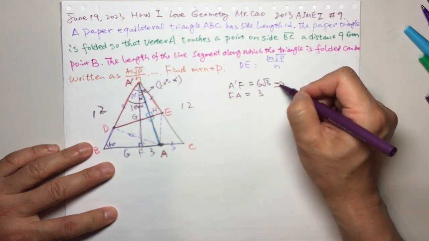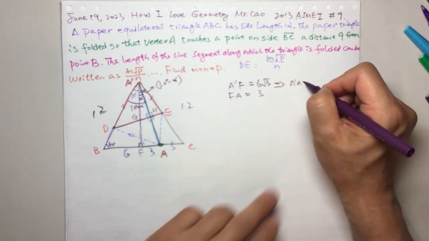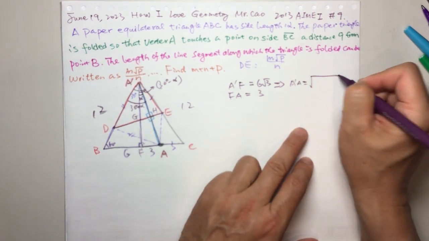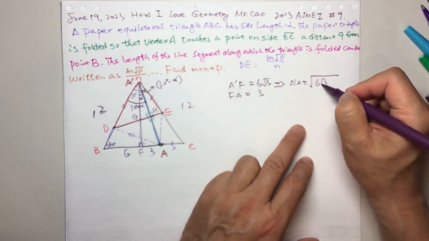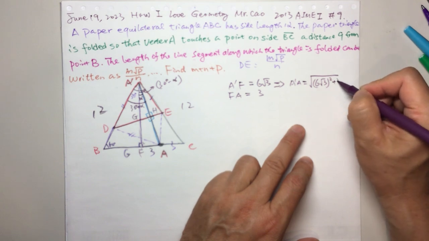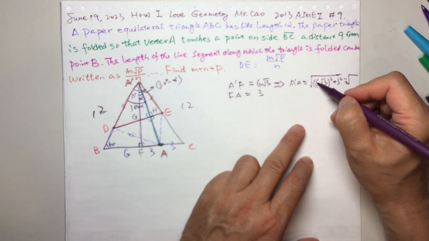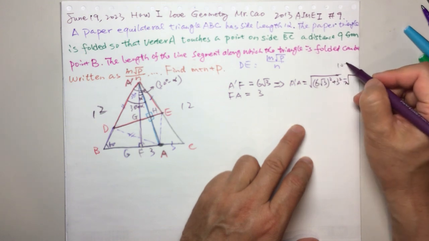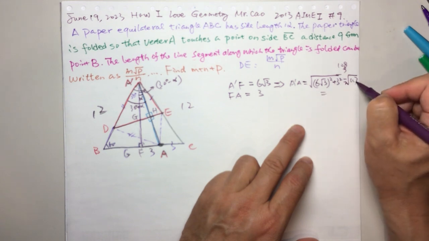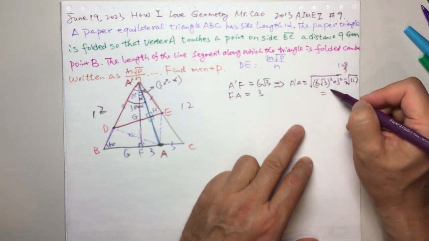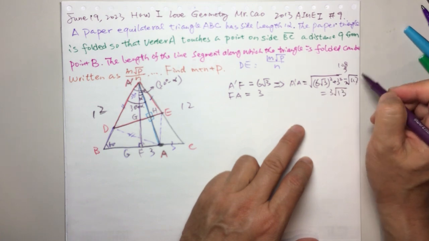So we can easily get A prime A equals the square root of (6 square root of 3) squared plus 3 squared, so equals the square root of 108 plus 9, which is 117. 117 is 9 times 13, so it will be 3 square root of 13, right?